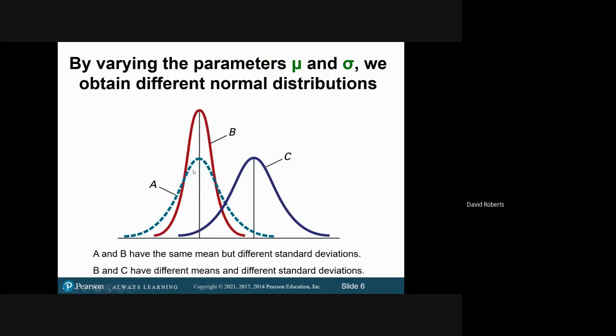A and C have the same general shape. A and B have the same mean, but they look very different. A and C, as I said, have different means, but the general shape looks pretty close, or is intended to be. And B and C have different means and different standard deviations. So the smaller the standard deviation, the narrower and the more peaked it is. The larger the standard deviation, the wider it is.